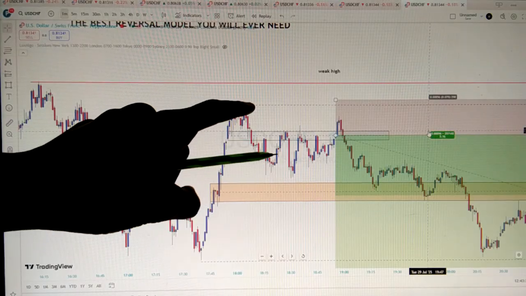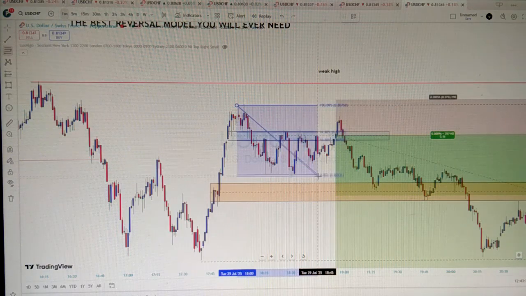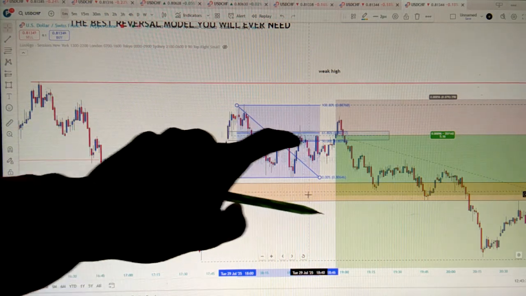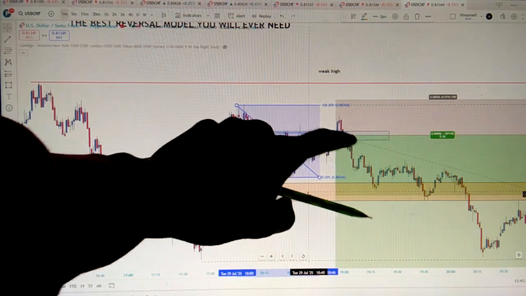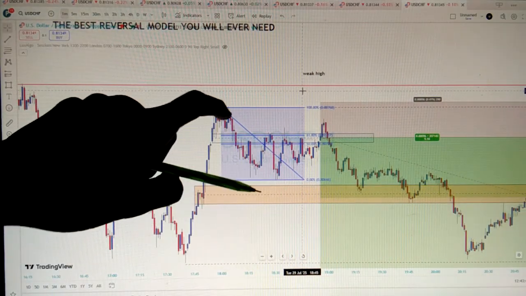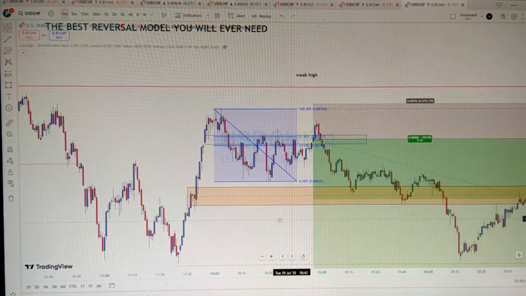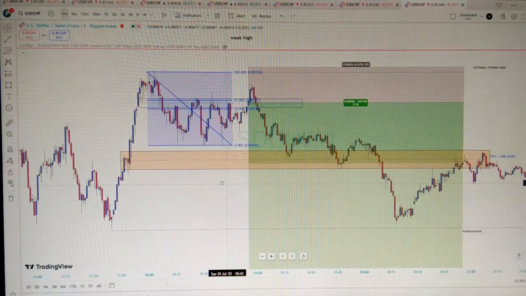So you can draw a Fibonacci at this area for entries. This will be our 50% area. That's where I entered my trade, at this 50% area, and my stop loss was just slightly above the internal strong high.